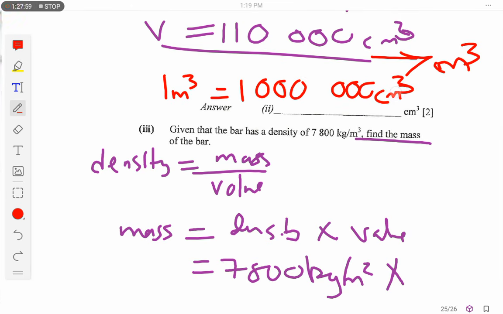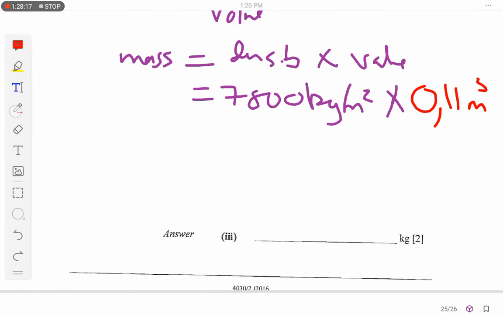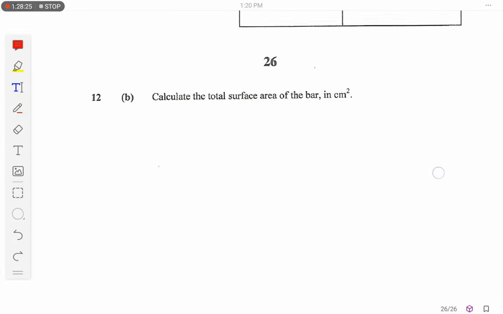So we can just divide 110,000 over 1,000,000, and we get 0.11 meter cubed. So we multiply here by 0.11 meter cubed. Once we do that, we get our mass as 858 kgs there. Okay, let's move on to the next part.